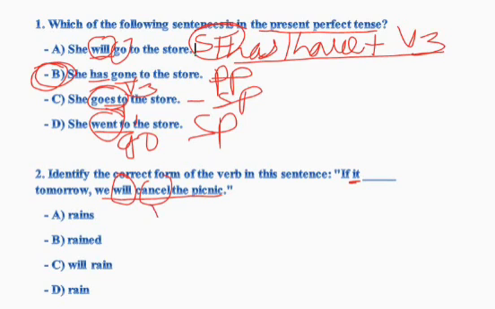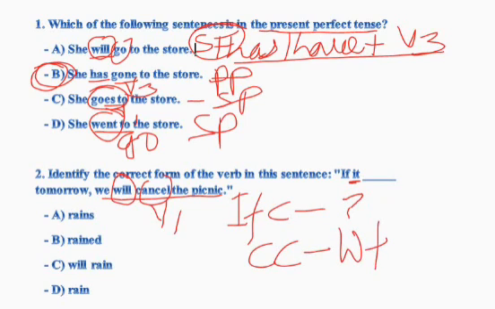Will and verb 1. In the conditional sentence, if the main clause is will plus verb 1, the conditional sentence is type 1.